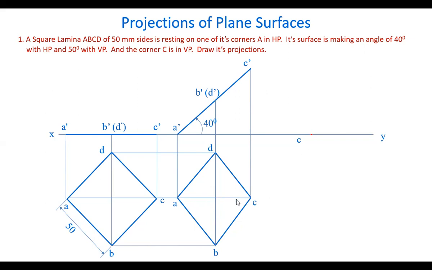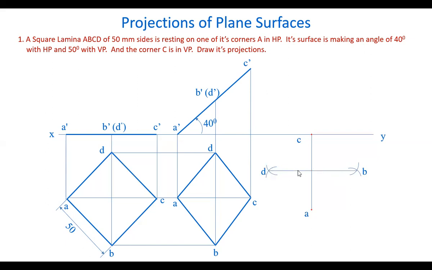So this line AC, which is parallel now to VP, will become perpendicular. So from C, draw a line here perpendicularly. This becomes A, so mark A here. With these two points as reference points, get the other two points also. From A, draw an arc, from C, another arc, and get B. Similarly, D here.